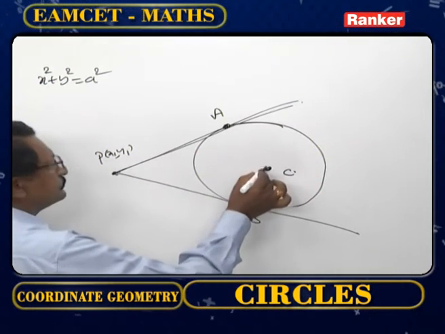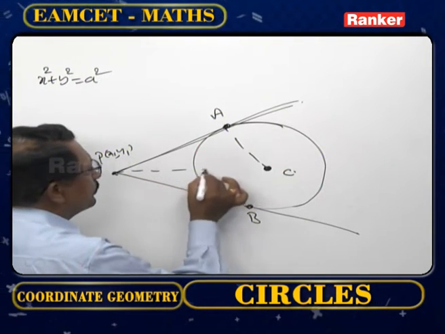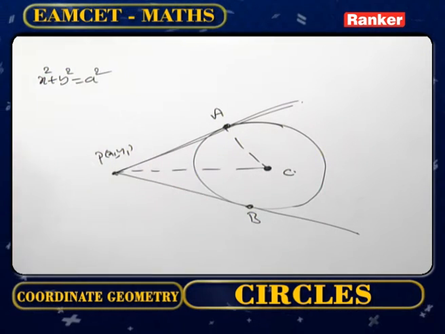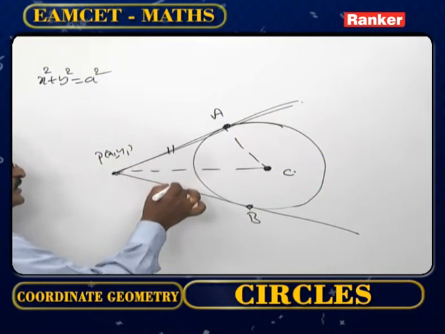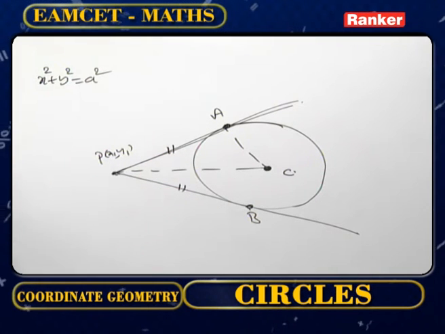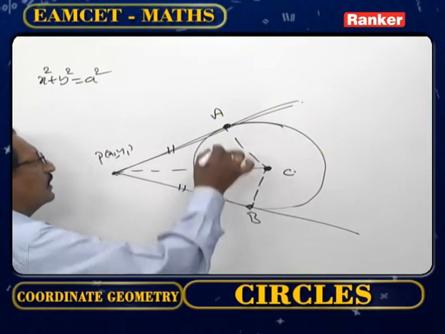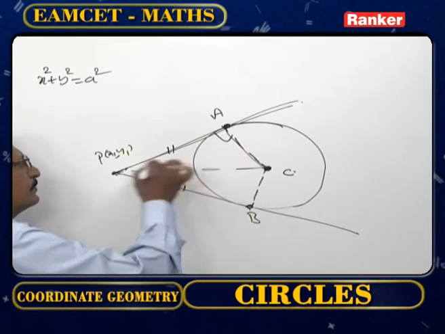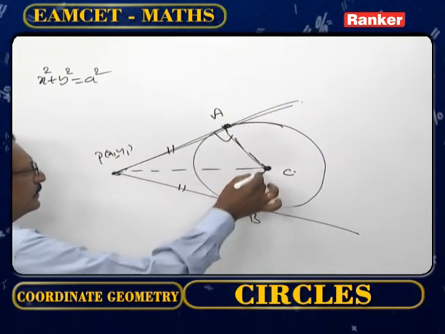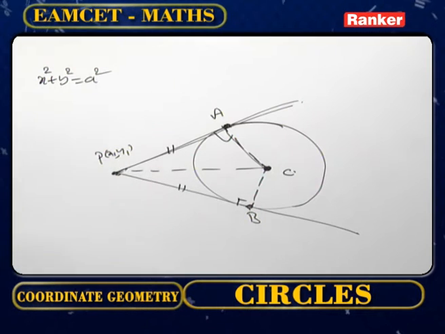Now join AC and PC. PA and PB are the lengths of the tangents, so both are equal. Also, the radius is always perpendicular to the tangent, so AC is perpendicular to PA, and similarly BC is perpendicular to PB.